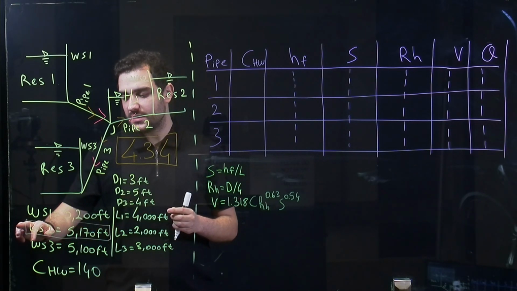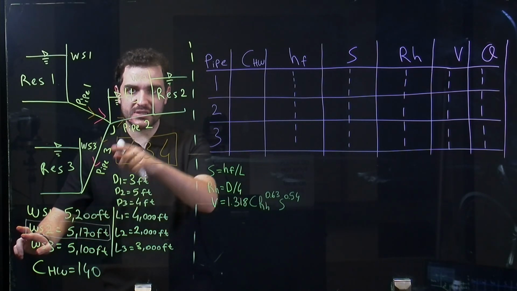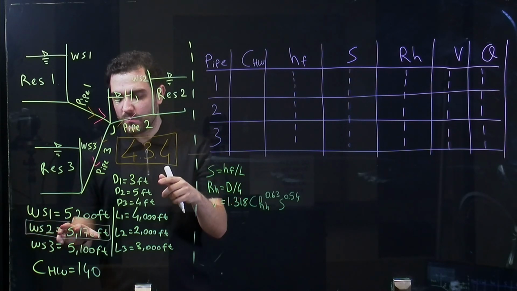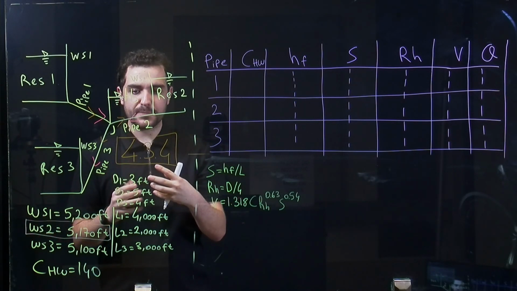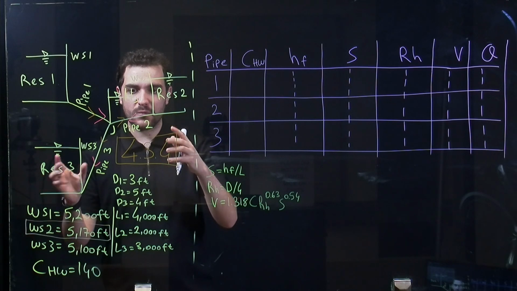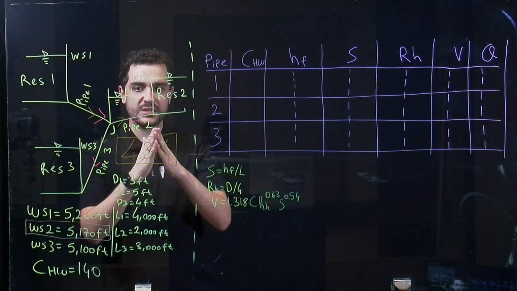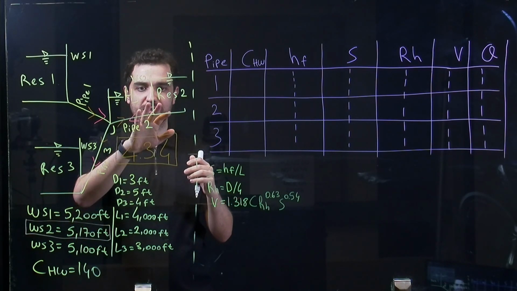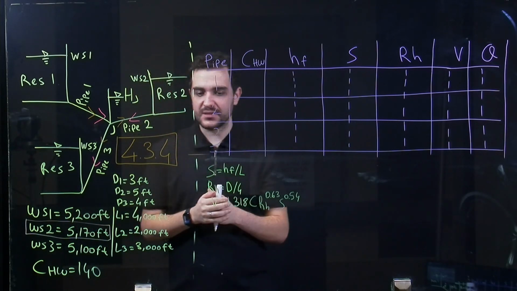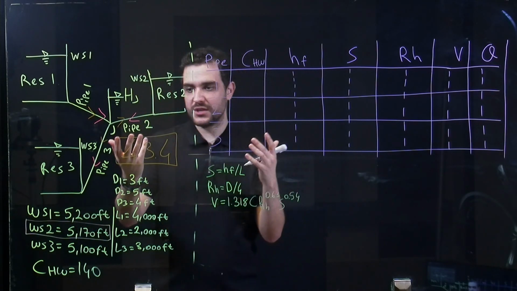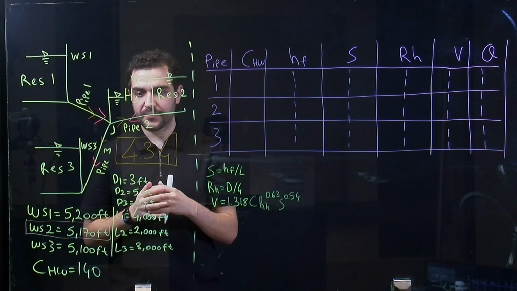Since we don't know that, we need to start with some assumptions. And since we have this water surface 2 here, we can give some values based on this value, because we can assume this as the middle point. So based on these values, we will assign values, and then we will find the direction.